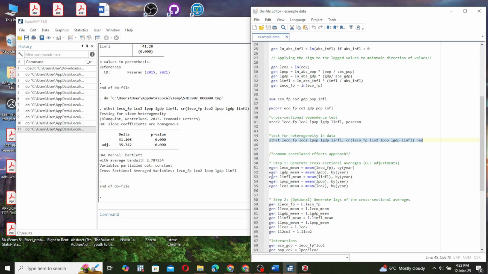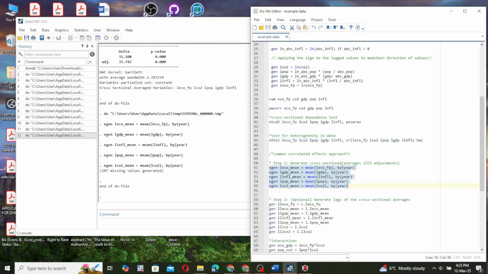So we provide the averages of common factors, right? In this case, averages for independent and dependent variables, and so we do that. And then optionally we could also include lags of averages.